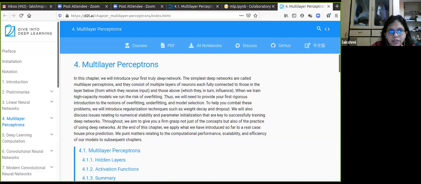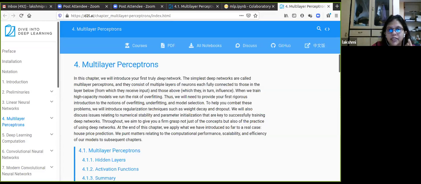Multi-layer perceptrons. In this chapter, we will introduce your first truly deep network. The simplest deep networks are called multi-layer perceptrons, and they consist of multiple layers of neurons, each fully connected to those in the layer below, from which they receive input, and those above, which they in turn influence. When we train high capacity models, we run the risk of overfitting.